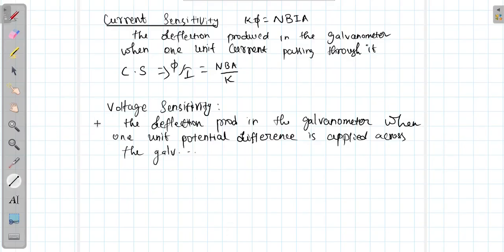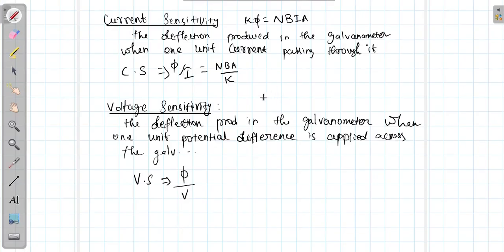Here 1 volt is applied and the number of divisions is checked. Voltage sensitivity is φ divided by V.